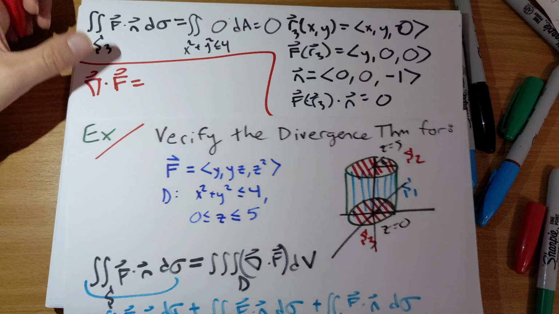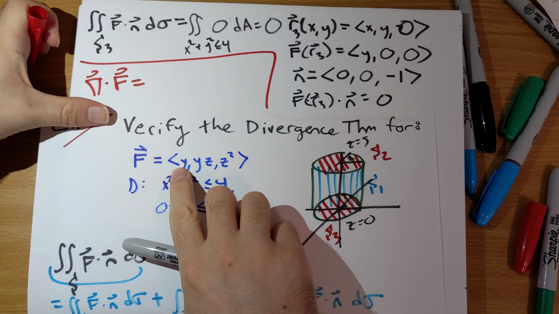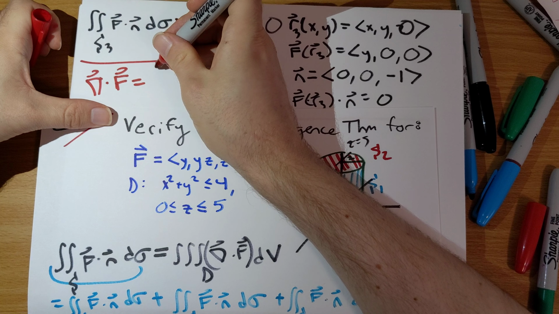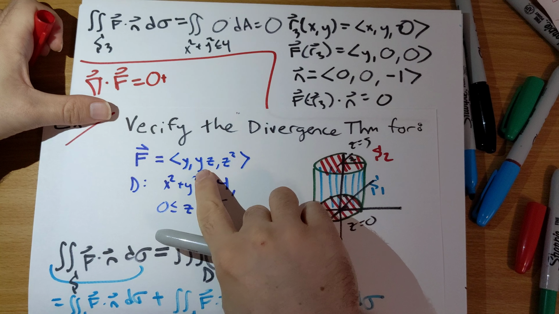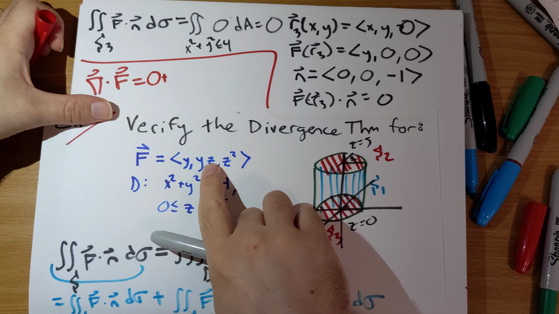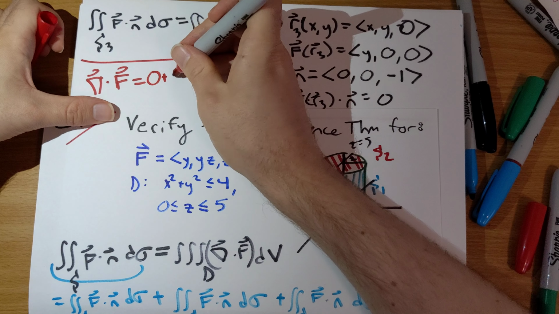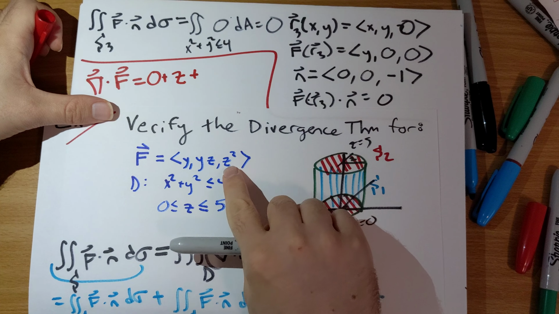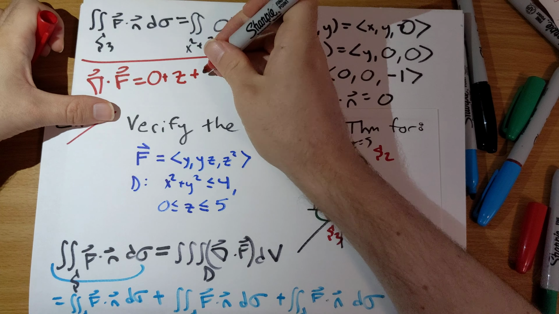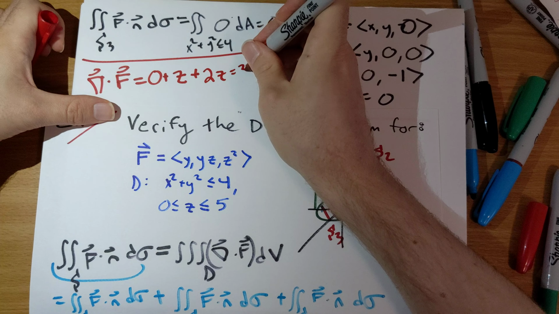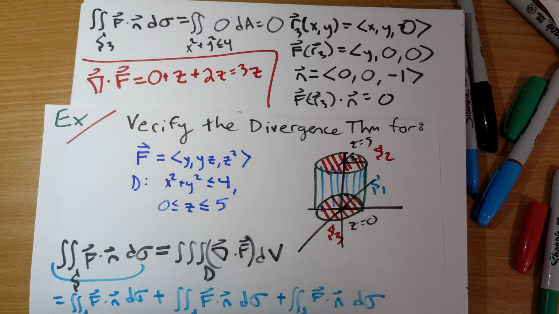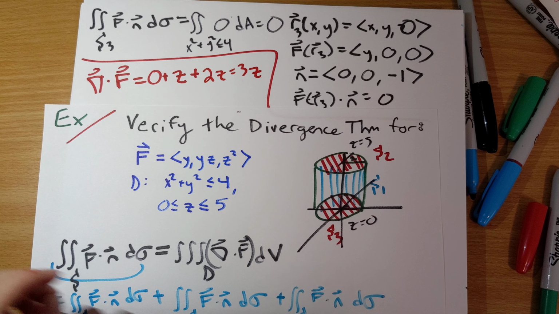So it's the x partial derivative of the first slot. That is 0. Plus the y partial derivative of the second slot here. That is z. Plus the z partial derivative of z squared. That's 2z. So the divergence here is 3z.